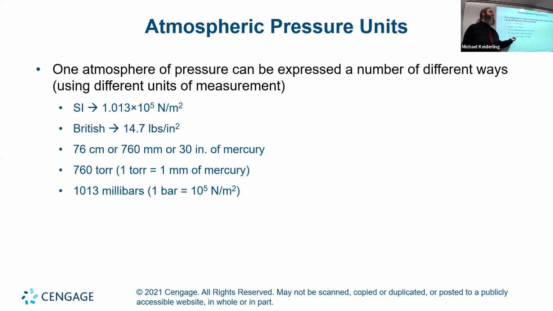And so bar is commonly used because it's a nice round number in SI units, and it's approximately 1 atmosphere. But it is an old unit from the CGS system that was a system based on centimeters, grams, and seconds that used to be used.